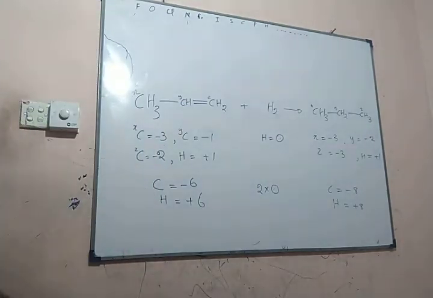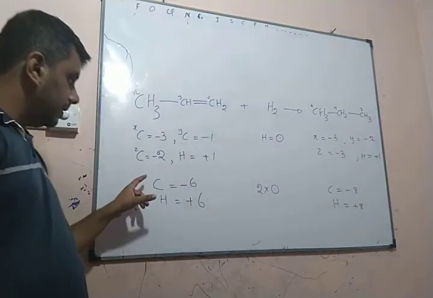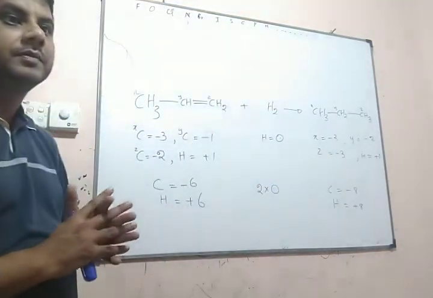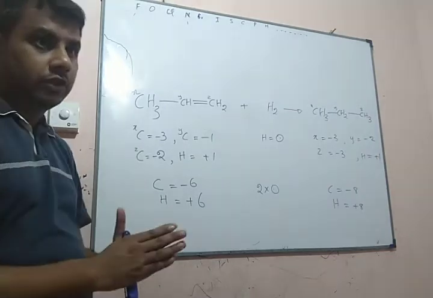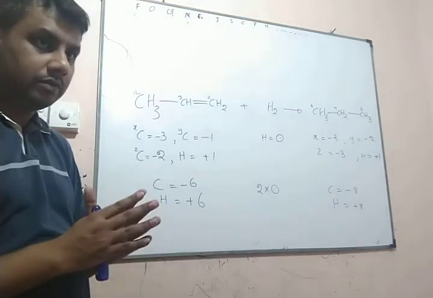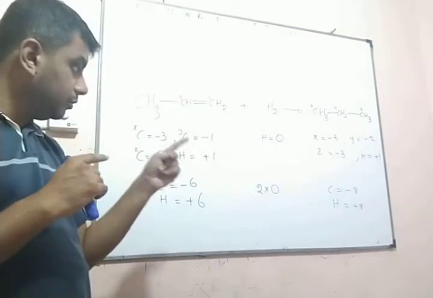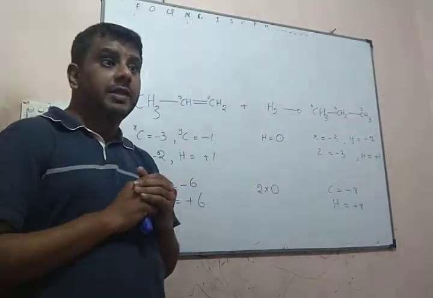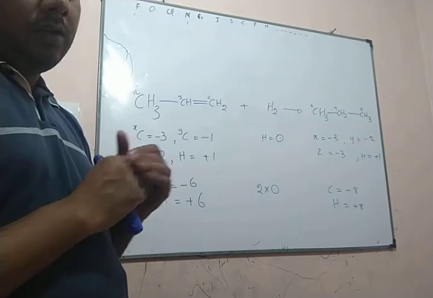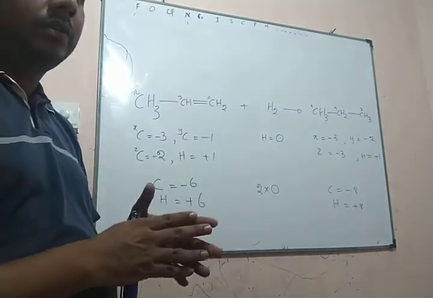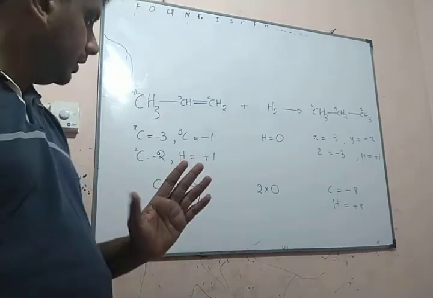Okay, for convention, right? Carbon, minus 6 to minus 8. So, carbon gets reduced. Carbon gets reduced. Right, carbon had minus 6 to minus 8. Carbon gains electron, right? Oxidation state decreases, so carbon gains electron. How many electrons? 2 electrons, right?